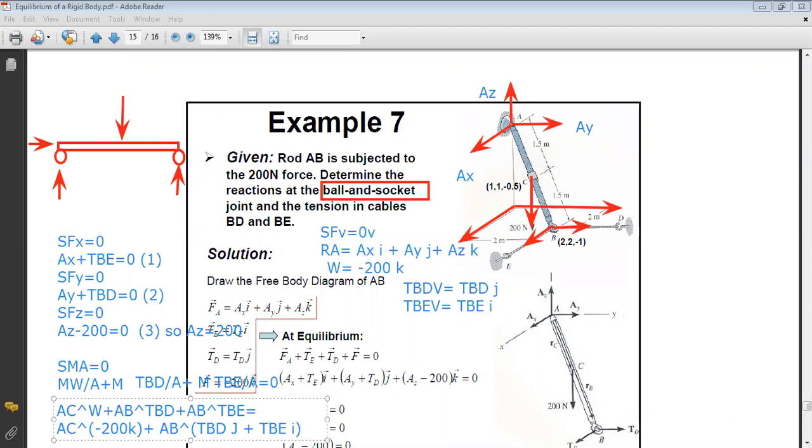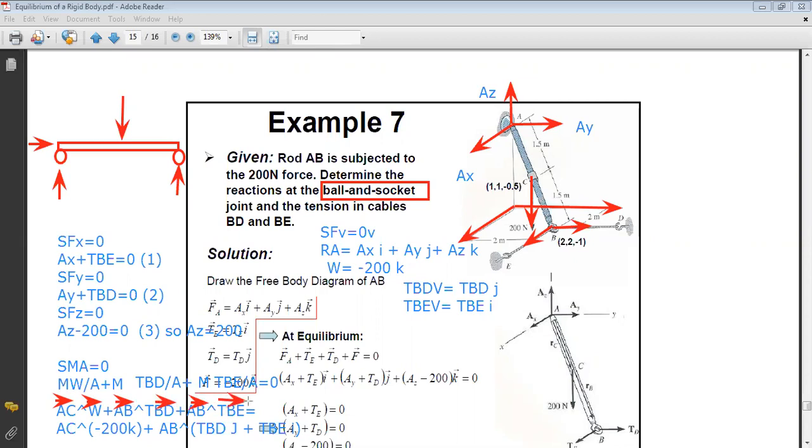Now, the next step is to find vectors AC and AB. So here, just do not confuse, all of these are vectors: AC vectorial W plus AB vectorial TBD plus AB vectorial TBE.